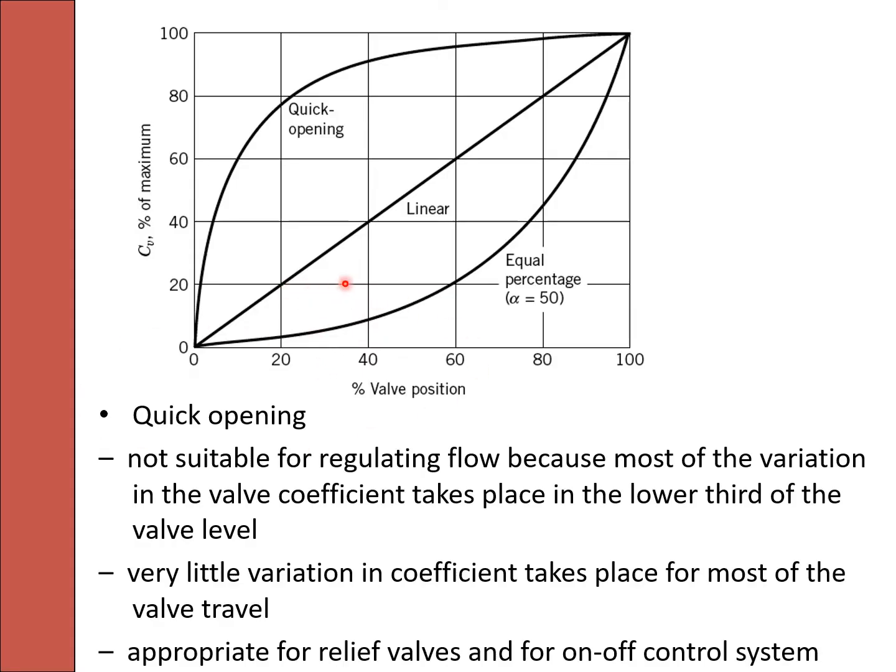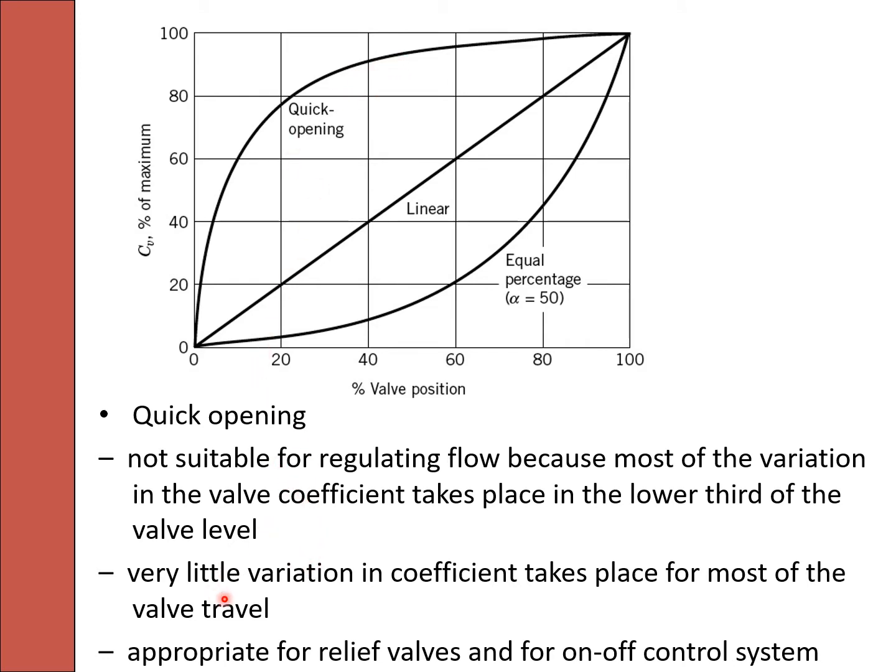The first valve characteristic, quick opening, is normally not suitable for regulating the flow because the variation of the valve coefficient takes place in the lower third of the valve level. So basically the linear and equal percentage are better. For the quick opening, it falls at the upper level of the valve level.